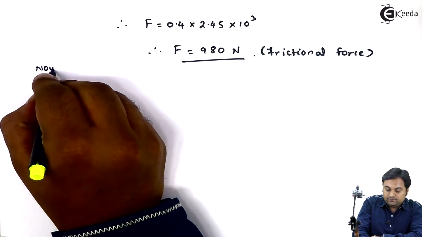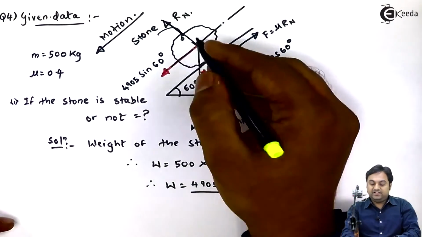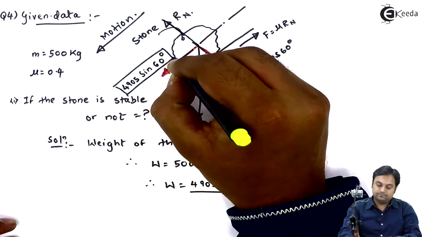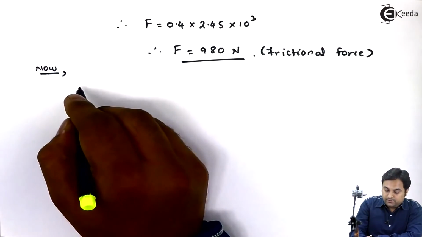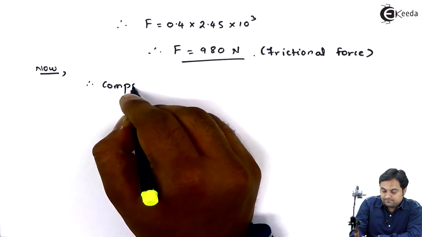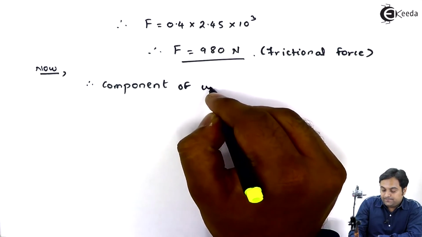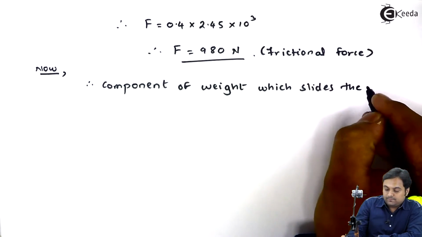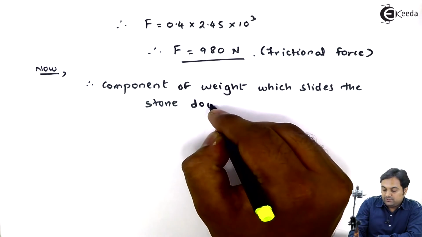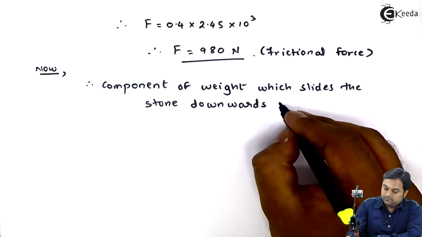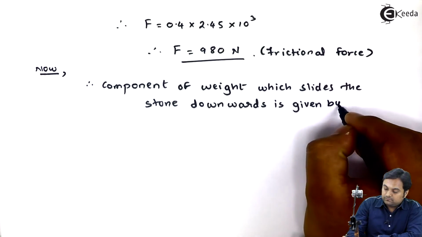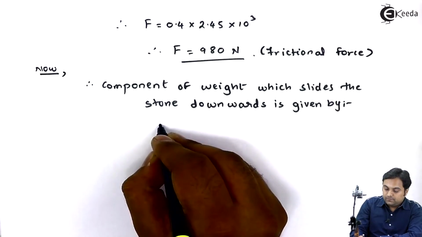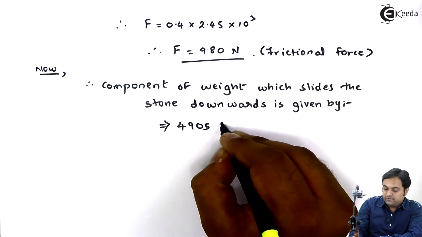Now we have to find out the force which is causing the sliding of this stone downward, and that force is 4905 sin 60. So I'll say that therefore component of weight which slides the stone downwards is given by, so that component is 4905 sin 60.